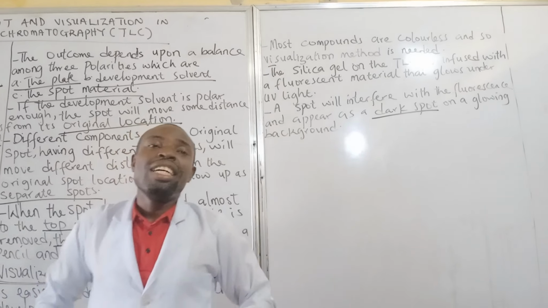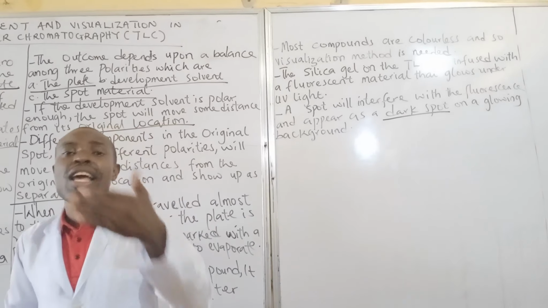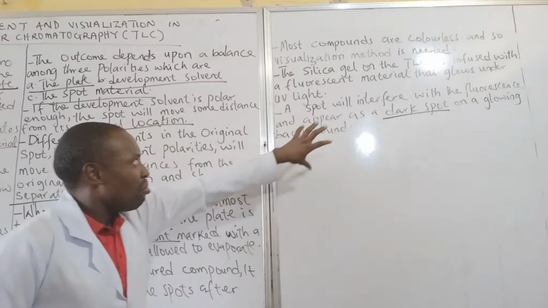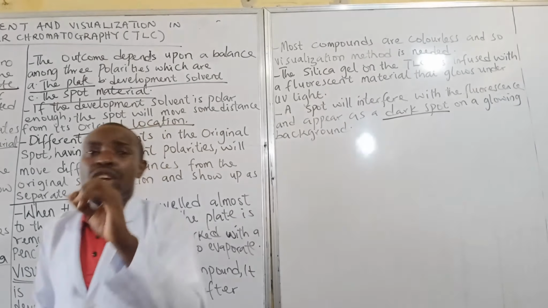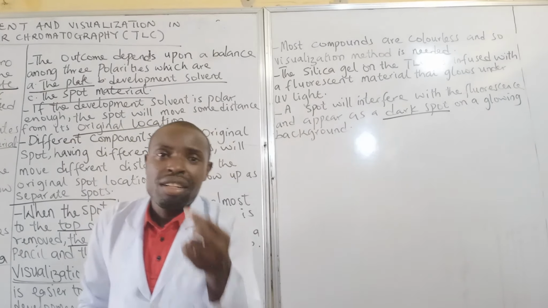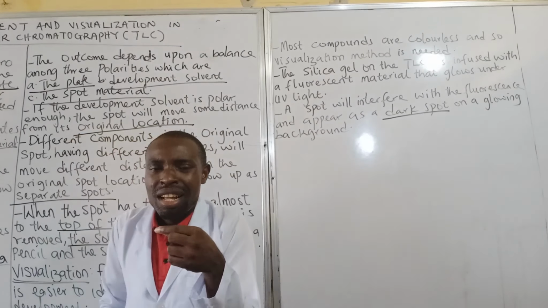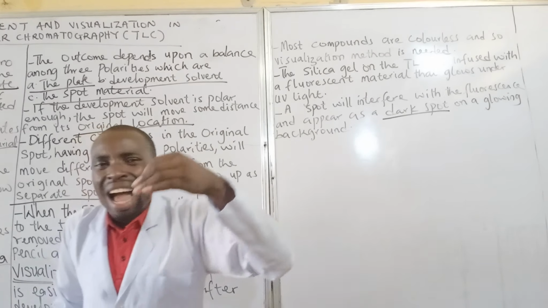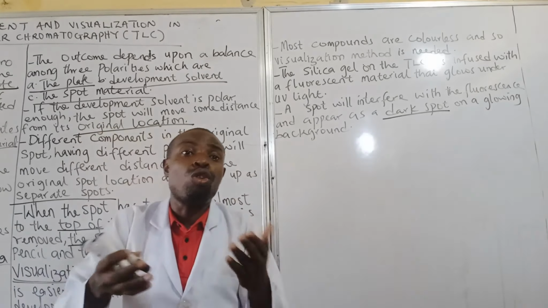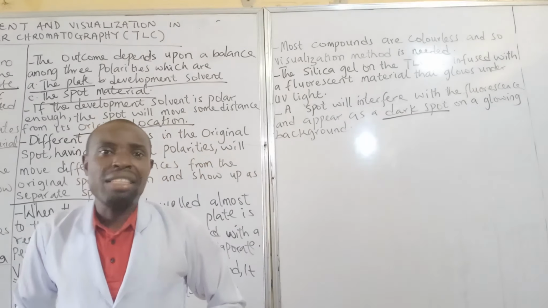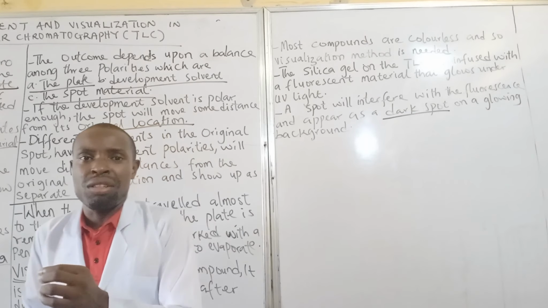The other one is that you can take that TLC plate and place it at the bottom of a container with iodine, and the spots tend to appear as dark spots.